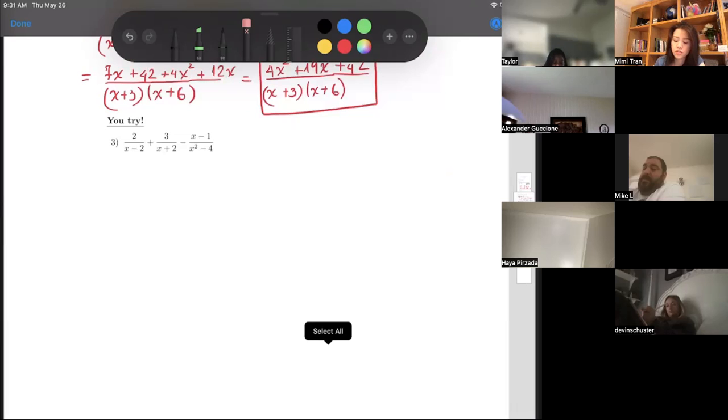This one is a little bit challenging, but I would recommend you factor x squared minus 4 first. Remember, the first step is completely factor.